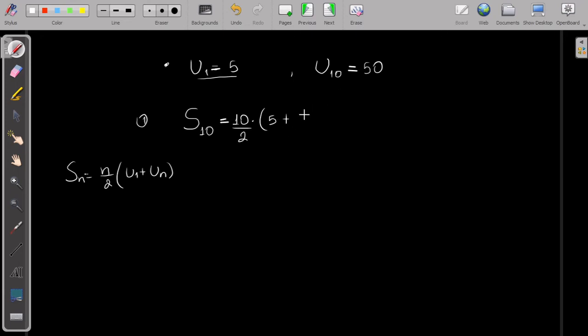So the sum of the first 10 terms of this sequence, you see I don't need the common difference. It's 10 times 55 over 2, which is 5 times 55, which is 275.